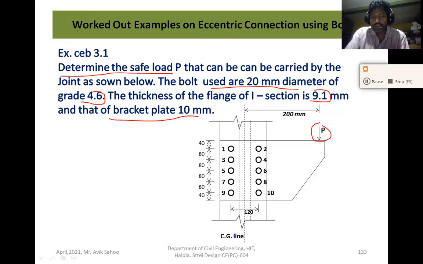The pitch distance is given 120 mm, the center line. End distance is 40 mm and the bolts are equally spaced. So you see the gauge distance, pitch given 80, 80 and 80, and the end distance 40 given.